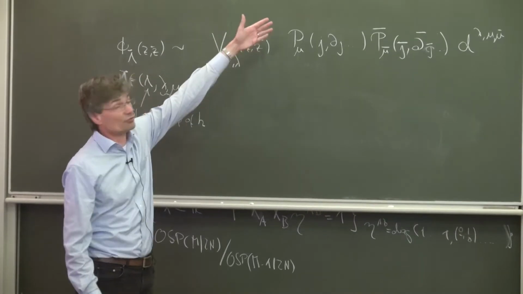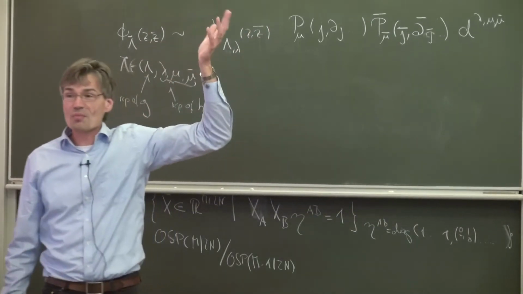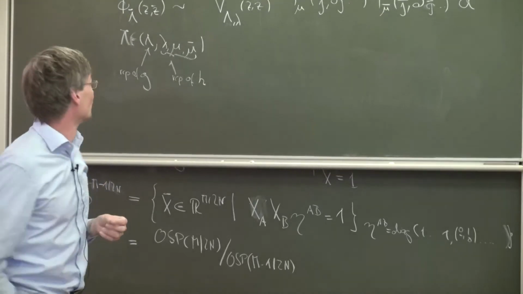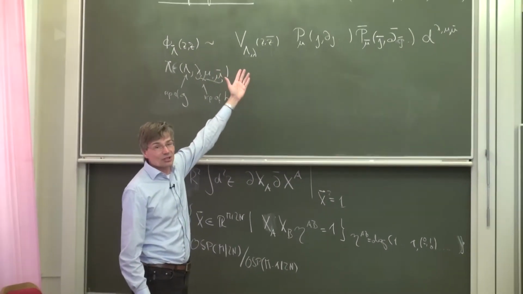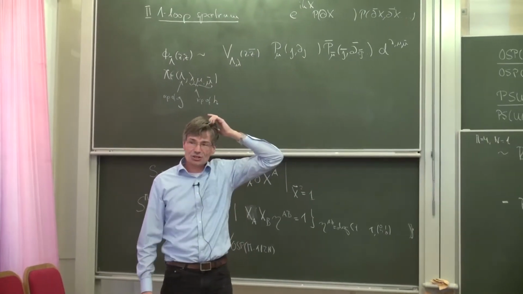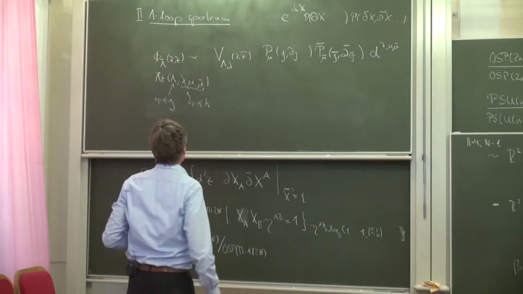Now, what's this V lambda lambda? In the free boson, this is just a Fourier mode basically on U1. In the more general case, this would be, not quite a function on the coset space, but a section of a homogeneous vector bundle, of course.